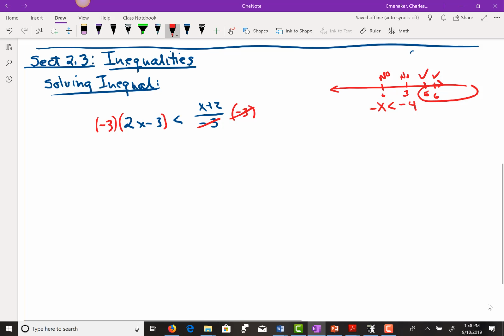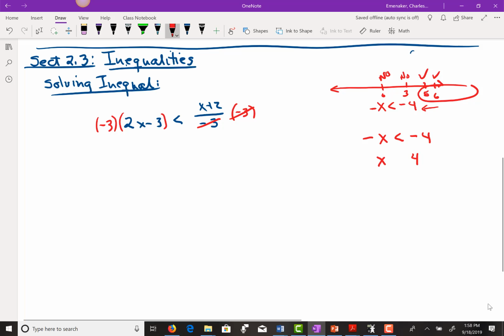Okay. Well, let's keep tabs of things. From this initial inequality, I'll write it down here, -x smaller than -4. By experimenting, we know that we need numbers that are bigger than 4. We need 5, 6, 7, 8, 9, 10, stuff like that. If I multiply this inequality by a negative, the x is going to become positive, the 4 is going to become positive.